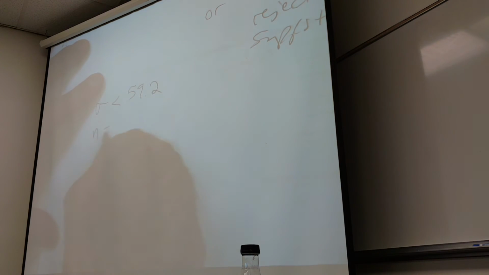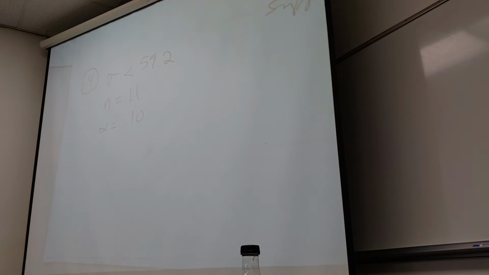So let's say that n is 11. Let's say that alpha is 0.10. So you're going to cut that in half? Of course not.